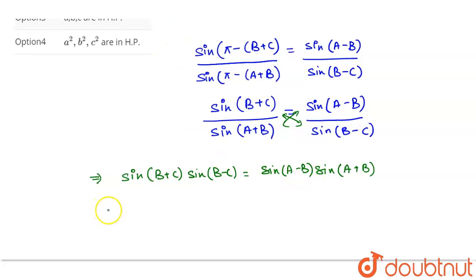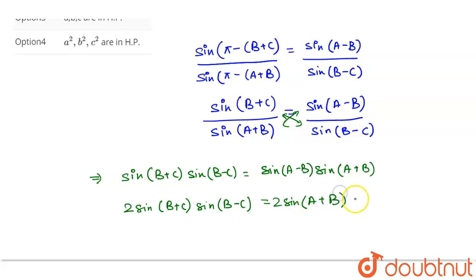So now we can write this as 2 sin(B plus C) into sin(B minus C) is equal to 2 sin(A plus B) into sin(A minus B). I have done nothing, just multiplied 2 on either side.